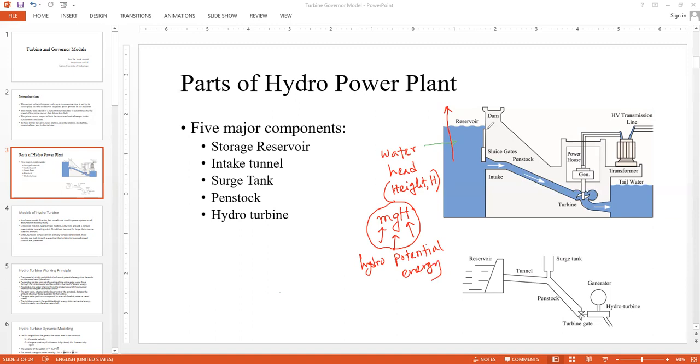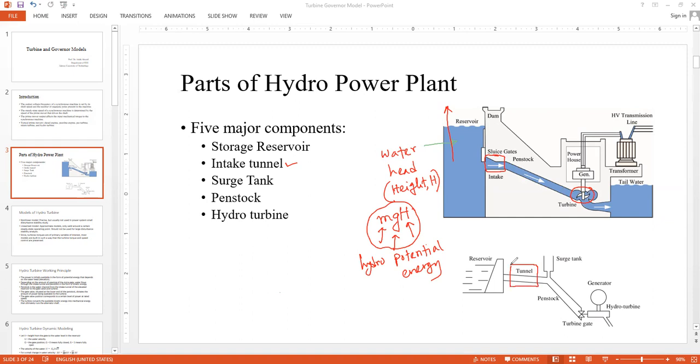And there is the flow of water from the reservoir to the turbine. This is the location of the turbine. Turbine blades are shown there. The water that comes from the reservoir has 2 parts until it reaches the turbine blades. The first part is known as the intake tunnel, this part, or you can also look at this diagram, this part.